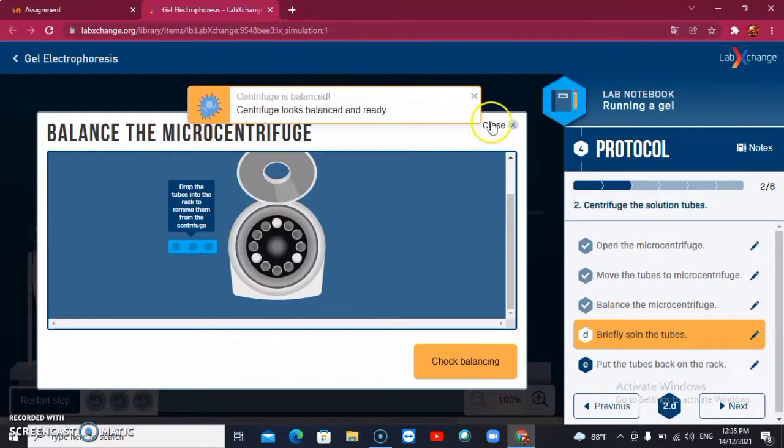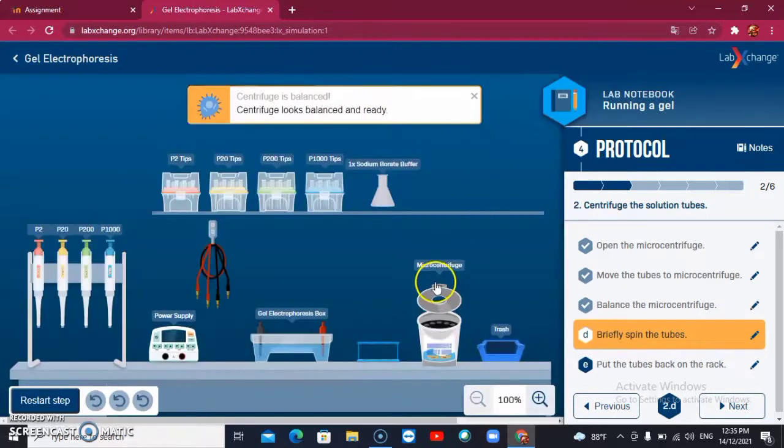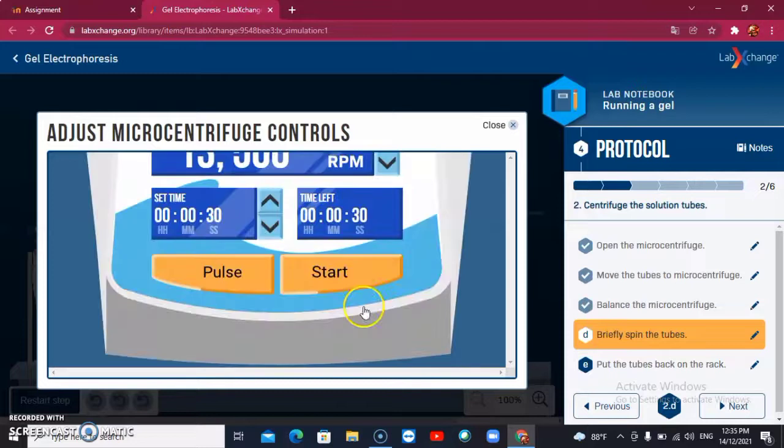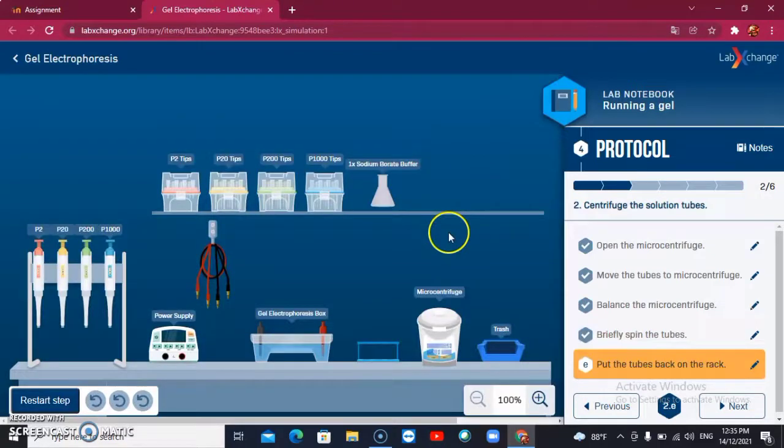The centrifuge looks balanced and ready. Briefly spin the tubes for 30 seconds. Put the tubes back on the rack.